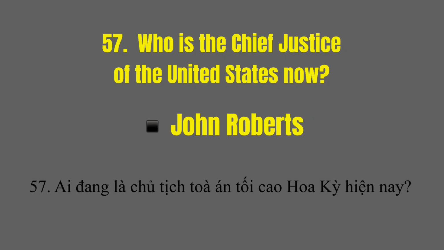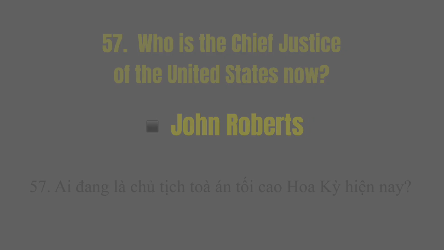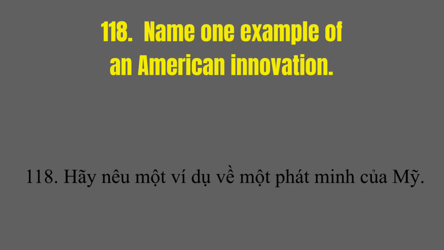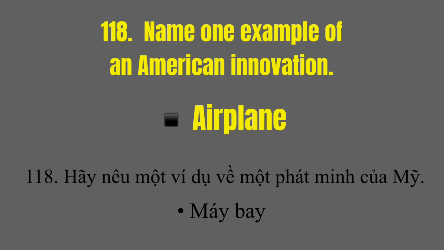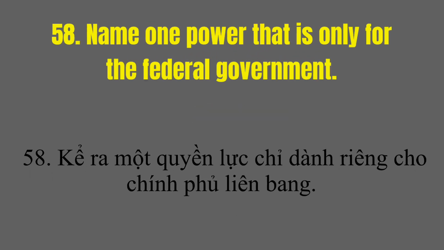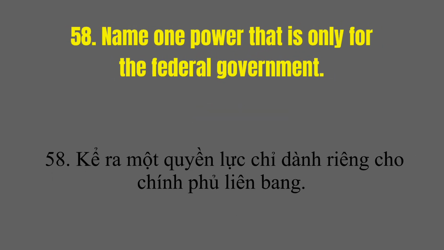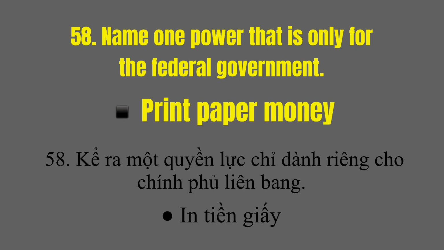John Roberts. Name one example of an American innovation. Airplane. Name one power that is only for the federal government. Print paper money.